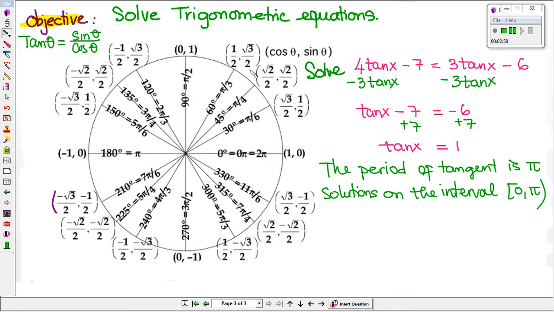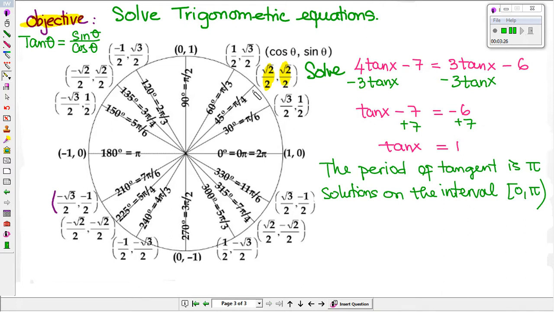So I'm looking for tangent equal 1. The only way that we will have sine divided by cosine equal 1 is when sine and cosine are exactly the same number, and here we are, this is the only pair where your cosine and your sine, or your x and your y values, are exactly the same.